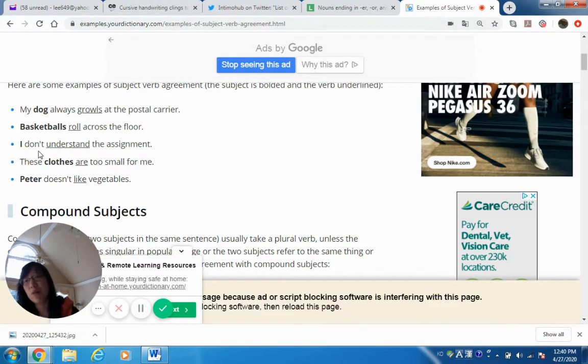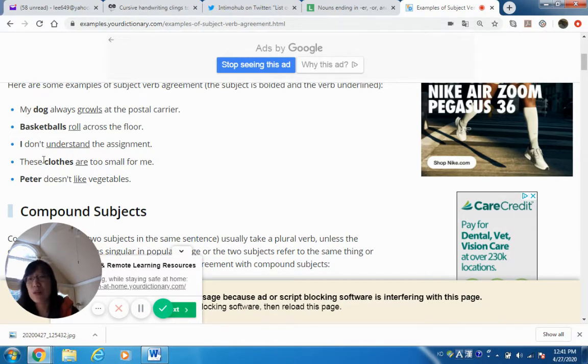And what's the helping verb's function? You're going to make it into a negative sentence. Not. That's why we brought not. I don't. And the rule is after the helping verb, the main verb has to be the original form, the base form. It does not take any S or ES, no third person.